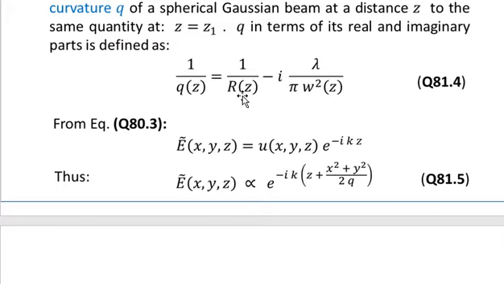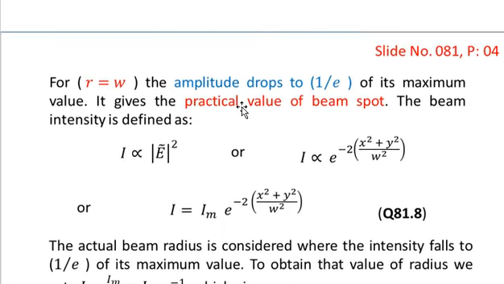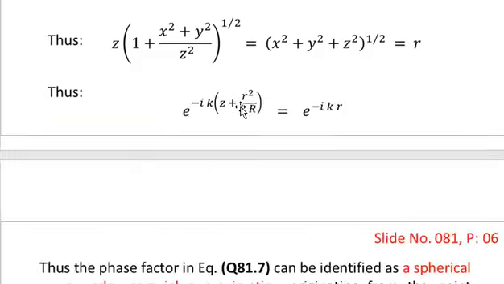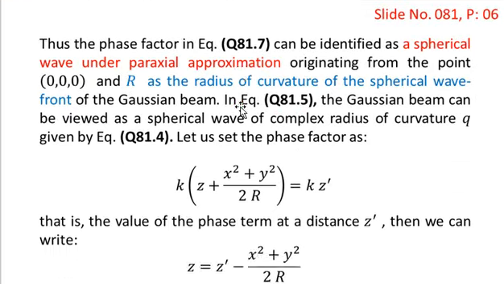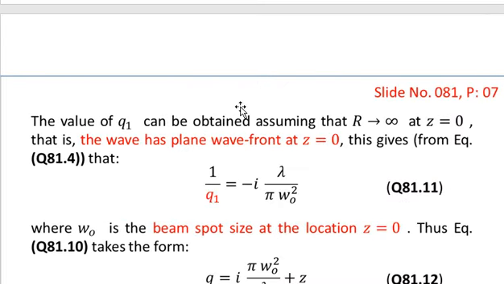So setting R equal to infinity, what is the meaning? It means that the curvature of the spherical wave is very, very large, that is a plane wave. So setting R equal to infinity actually means that you are considering a plane wave at z = 0.